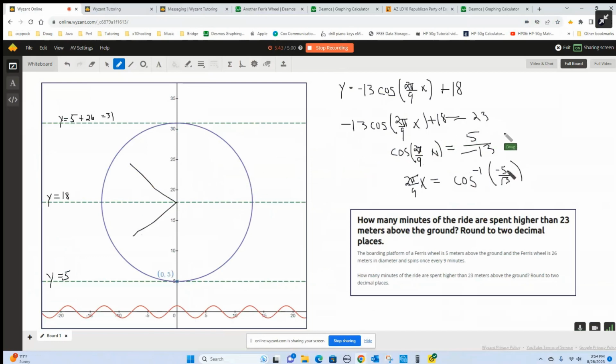So if you find the inverse cosine of negative 5/13, you'll get a radian value here, and you'll get a radian value here. I'll leave that to you. But then the times are 9 over 2 pi times the inverse cosine of negative 5/13.